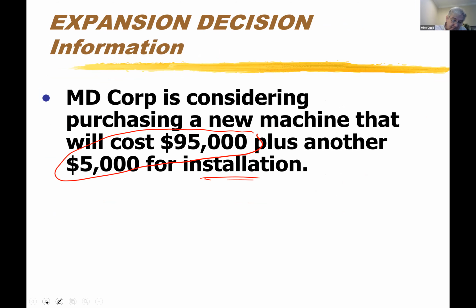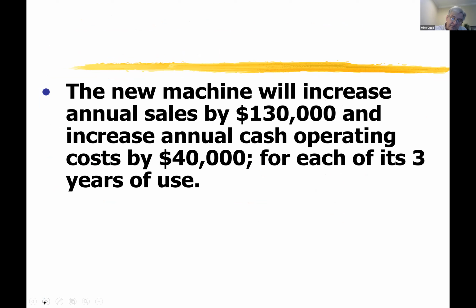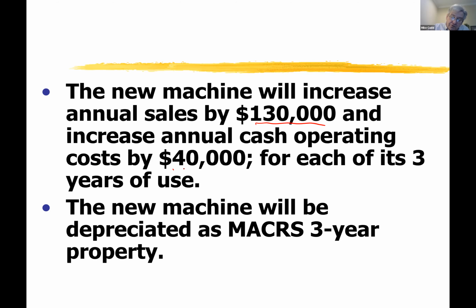And this new project would add $130,000 of sales. It would incur $40,000 in cash operating costs each year. And we would depreciate it as 3-year property.